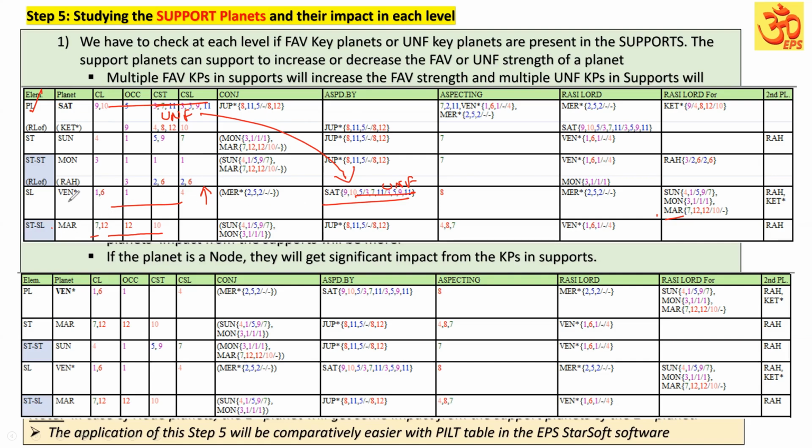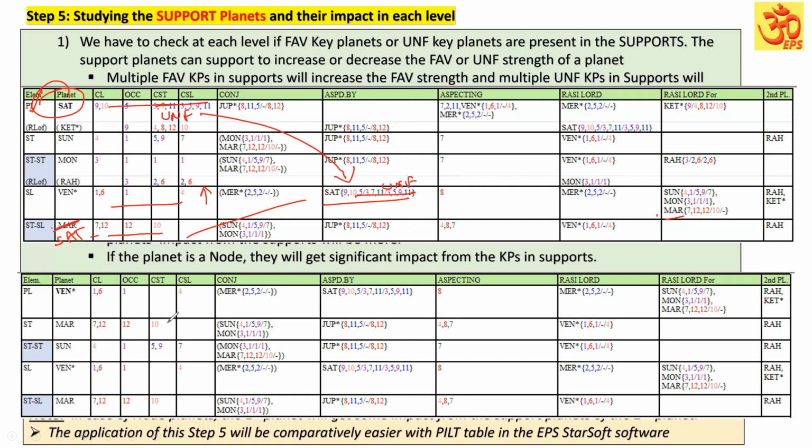Suppose Venus is in the star of Saturn, and if Saturn is unfavorable, Venus will get the star lord's unfavorable strength increased, and also through the ruler link it will increase. So the ruler link can be from the planet level, the star lord, or the sub level for the sublord planet. But if the influence is from the captain of the ship, that is the source planet, that impact is going to be more. I hope you have understood.